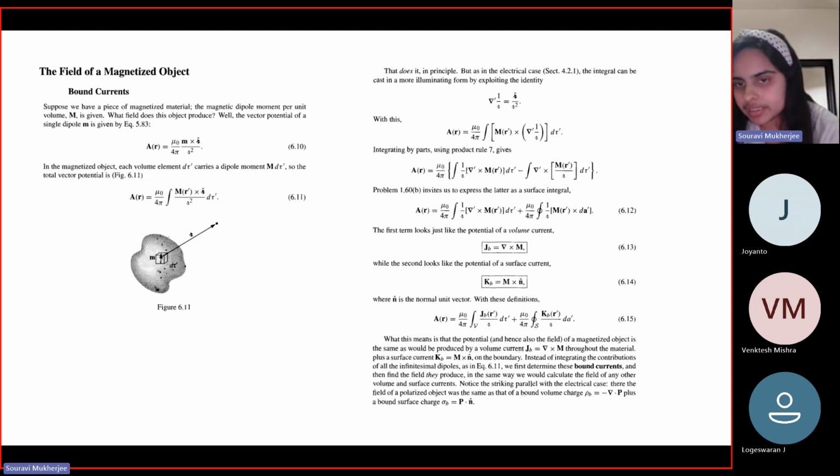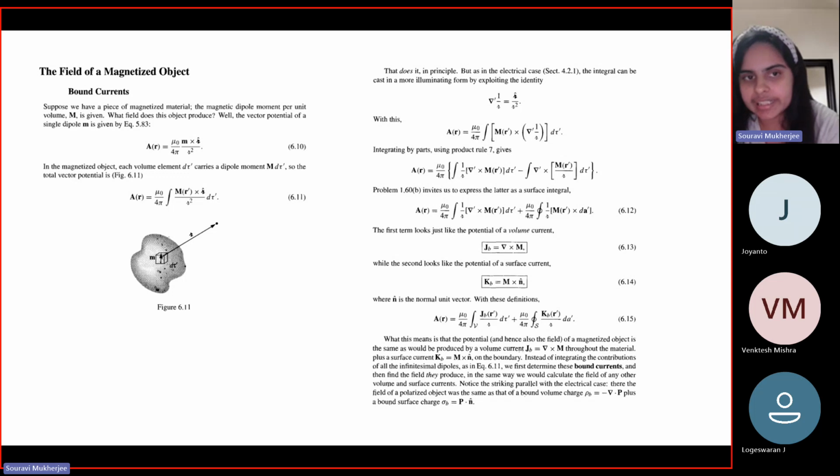Similarly, in case of a material where you can consider the material to have some magnetic property, that means the material has some current carrying loops inside. If this material has some magnetization, that means there are certain small current carrying loops inside it. Each of these current carrying loops will have a net magnetic moment.